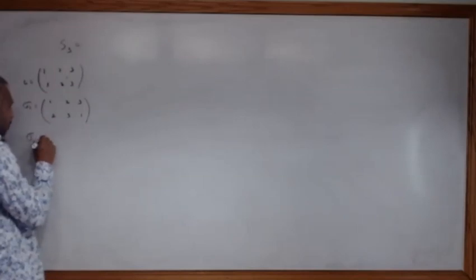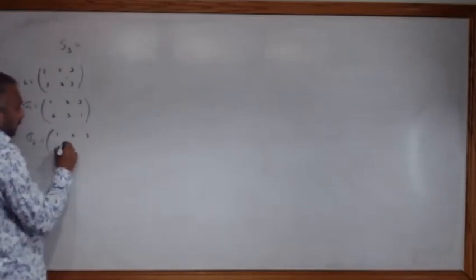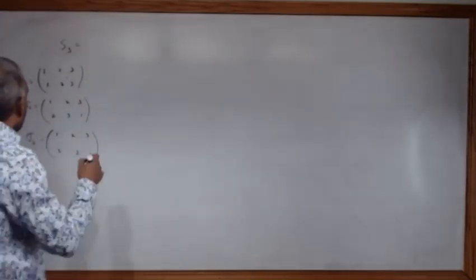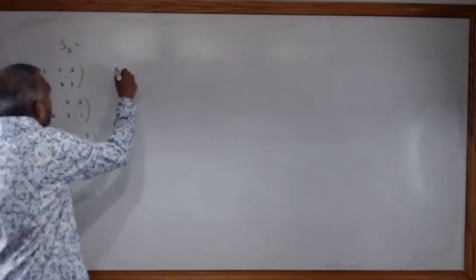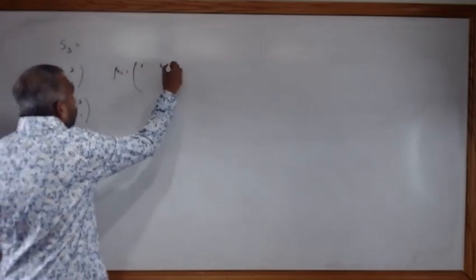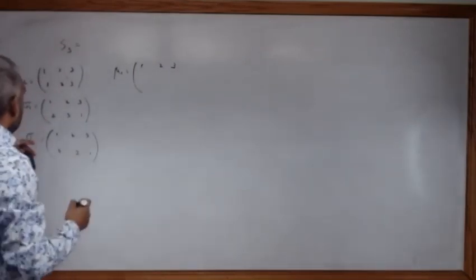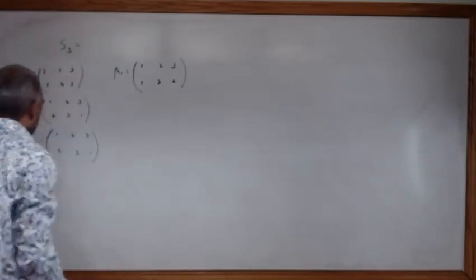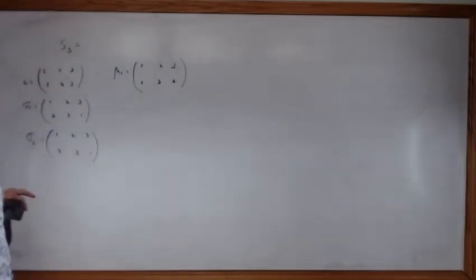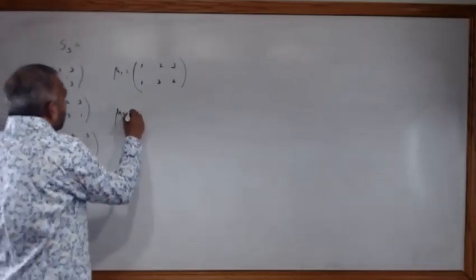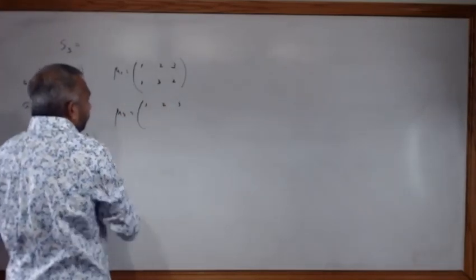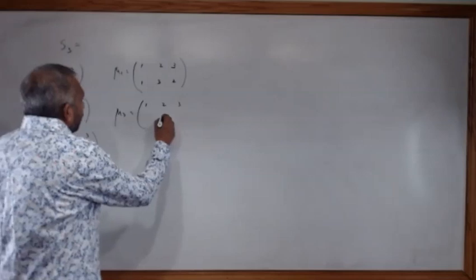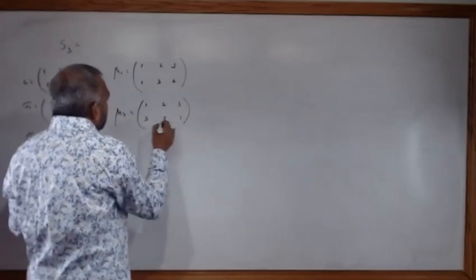And sigma 2 is 1, 2, 3, 3, 1, 2. And we need to define 3 more: mu1 is equal to 1, 2, 3, 1, 3, 2. And mu2 is equal to 1, 2, 3, 3, 2, 1.